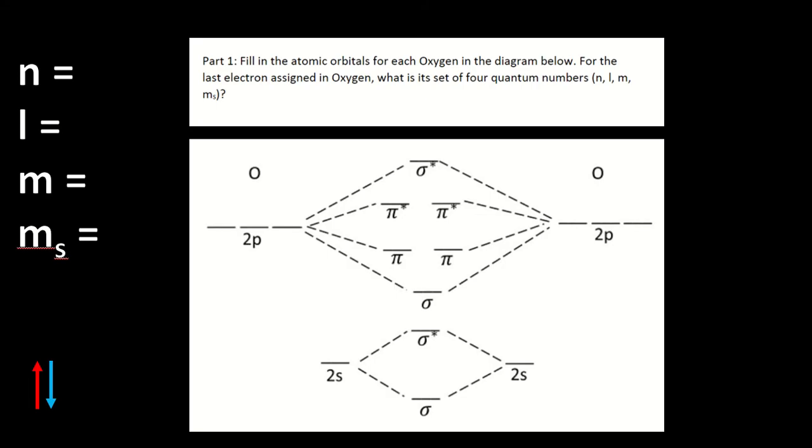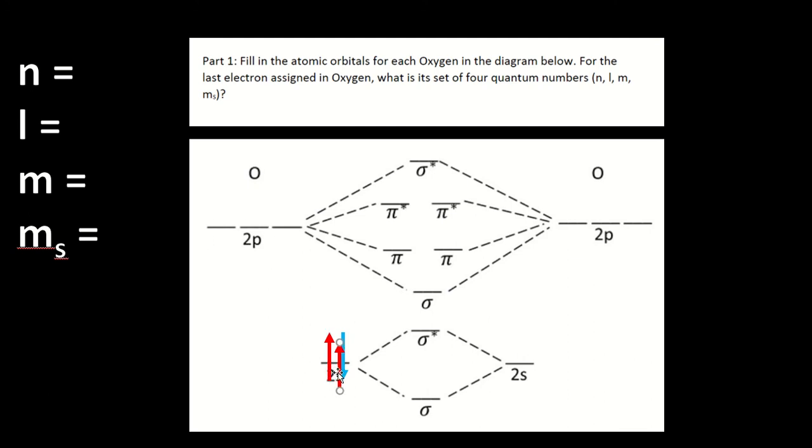Starting with the 2s orbital, since we're in period number 2, we picked up 2 electrons, one from lithium and then one from beryllium. And then for the 2p electrons, we picked up 4 of those electrons.